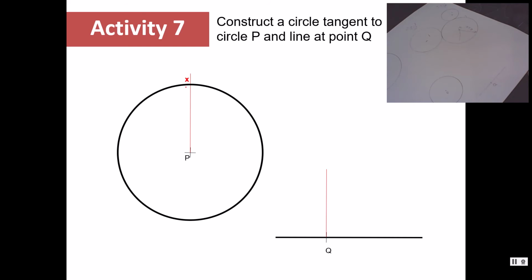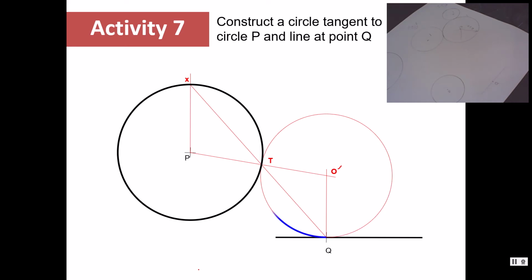Just go a straight line, P and then Q, and then connect X to Q, and then from P they're going to touch the tangent T and O, and then you got the O. You can draw the circle. Okay, so that's all. That's how to do it.